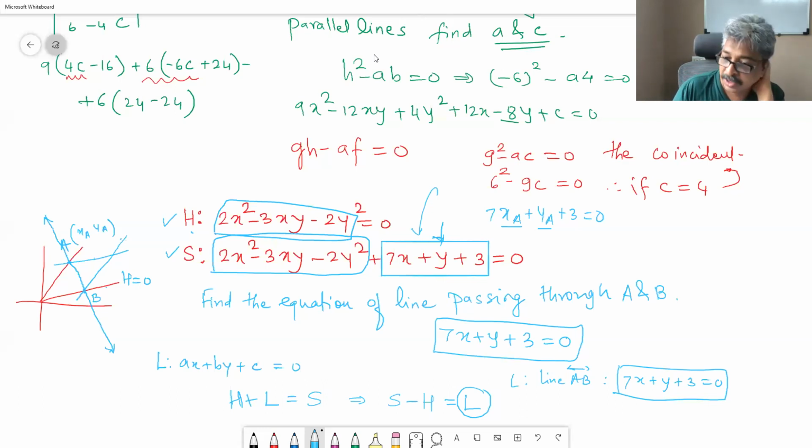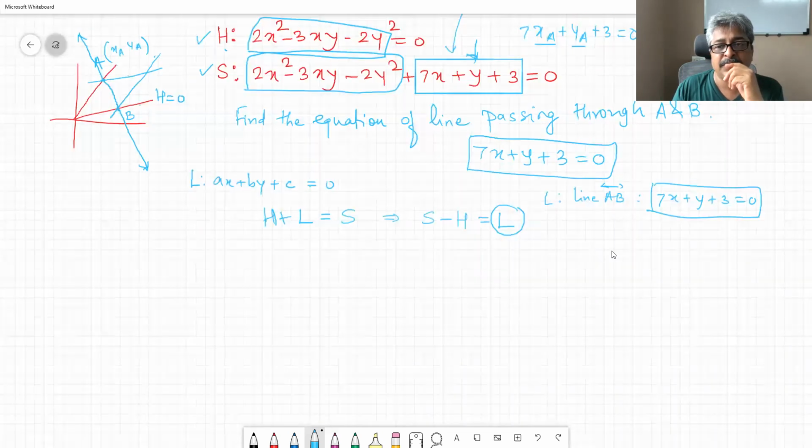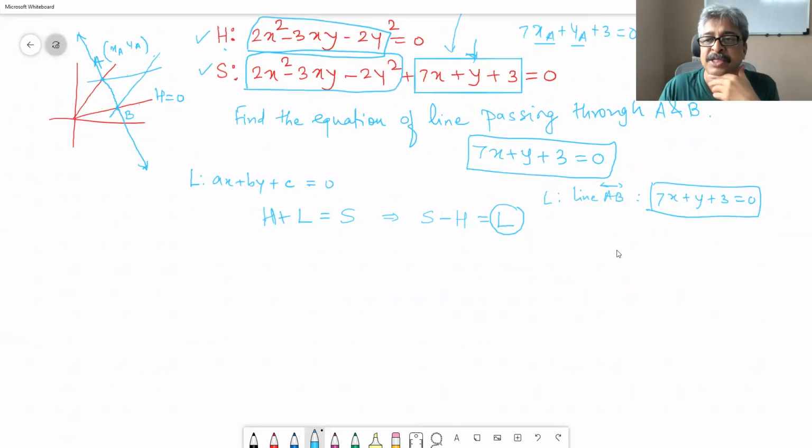So that is what is very interesting in this. If you have a homogeneous equation and the moment you are given any general POL, you have a homogeneous part in it. So you can very quickly find out the homogeneous part and the corresponding two lines passing through origin, and the corresponding joint POL is also possible to figure out.